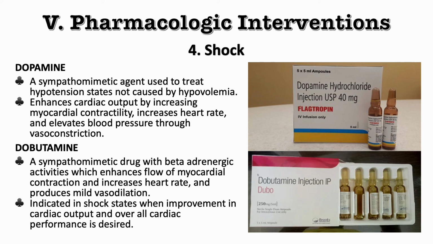As a review, distributive shock is an altered tissue perfusion level caused by severe vasodilation. Dobutamine, on the other hand, is a sympathomimetic drug also with beta adrenergic activities, enhances flow of myocardial contraction, increases heart rate, and produces mild vasodilation.